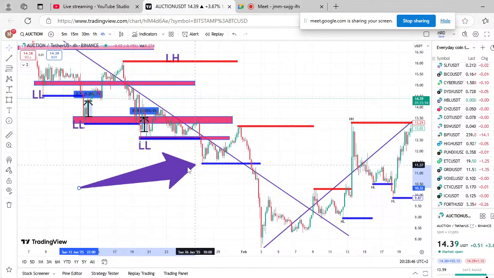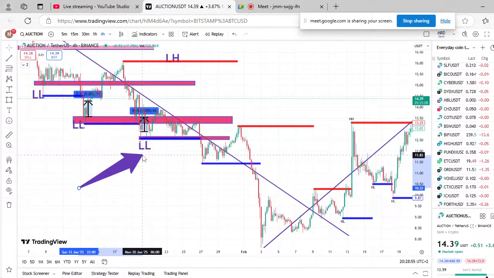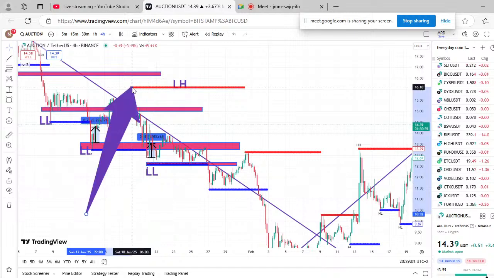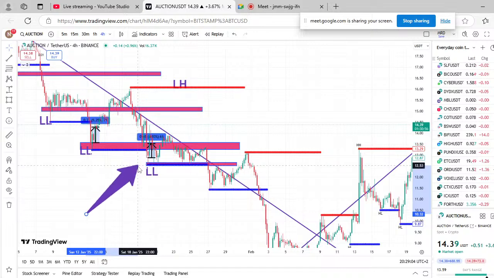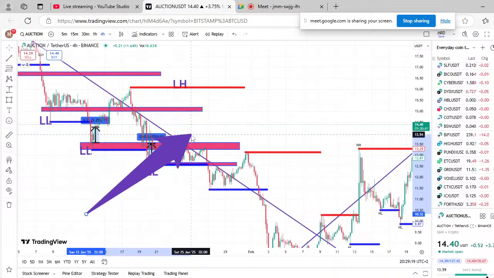Okay, now whenever we form what we call a lower low, we should form what we call a lower high. Are we together? Like the way you are seeing here, this is low, then this is its lower high. So if we consider this is low, then we can put here our lower high. That's why I told you the indicators are not 100% perfect, but you should think about the structure.